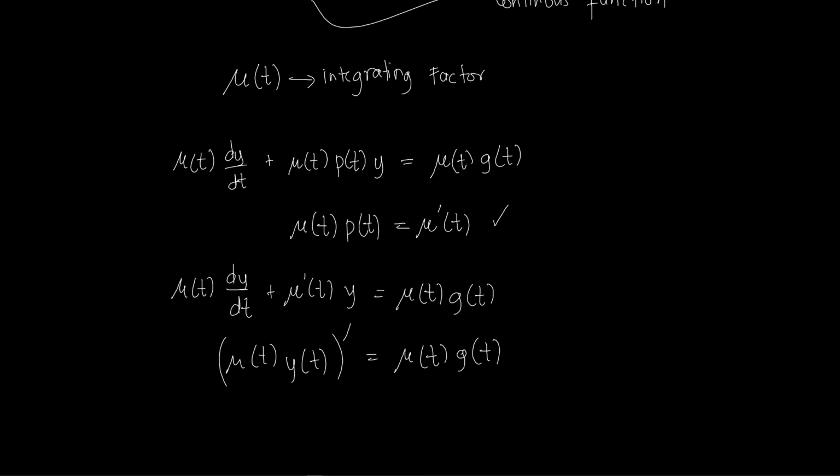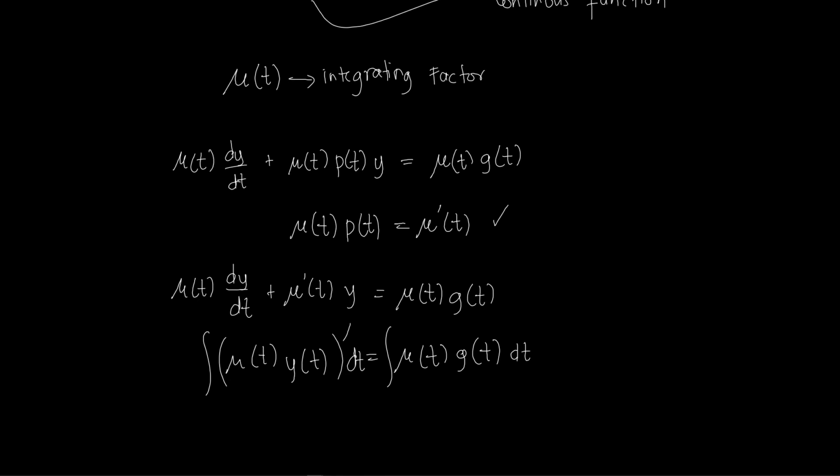Now, recall that we are after y of t. It should be in the form y equal to y of t. So what we have to do is integrate both sides. I will add dt, with respect to time, since our function is with respect to time.